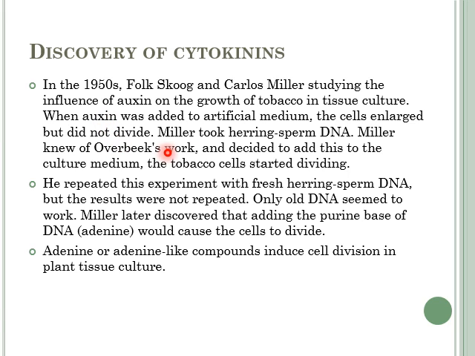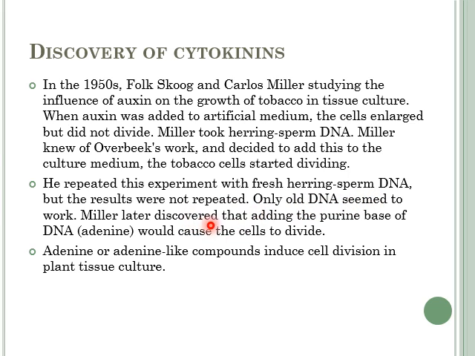So Miller took the herring sperm DNA. Miller knew Overbeek's work and decided to add this to the culture medium. Tobacco cells started dividing. He repeated this experiment with fresh herring sperm DNA, but the results were not repeated. Only the old DNA seems to work.